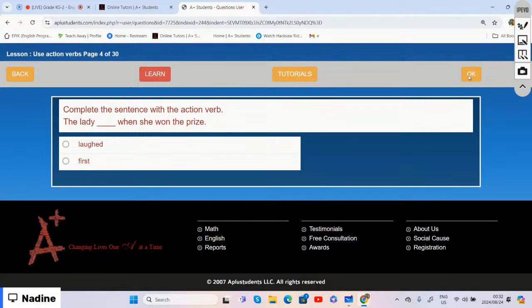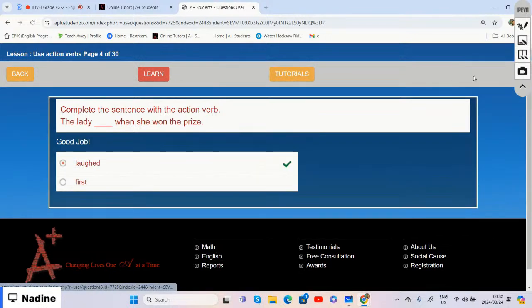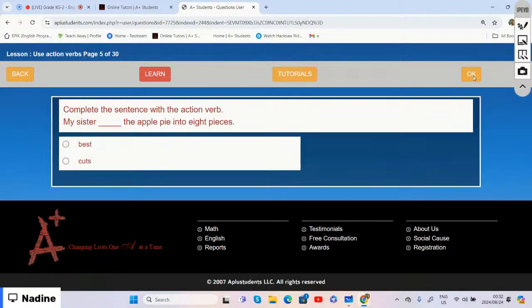And the lady, we can say, the lady laughed when she won the prize. So laughed is our action verb.